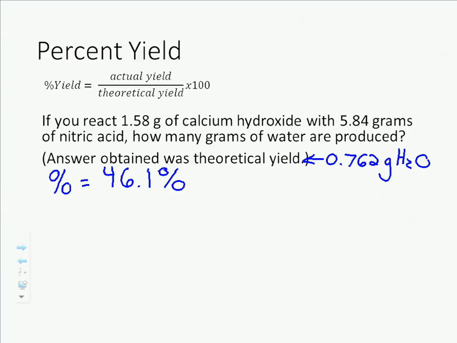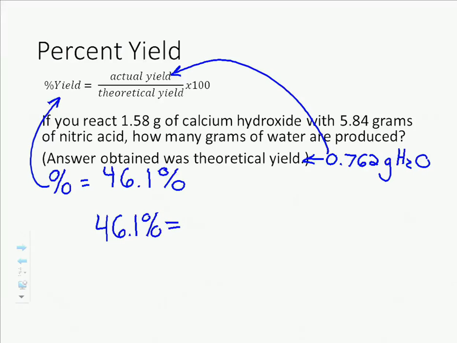So we come down here and we basically want to stick each of our numbers into the equation where they belong. So percent yield is 46.1% equals, our actual yield is 0.762 grams of water over X, where X stands for our theoretical yield, times 100.